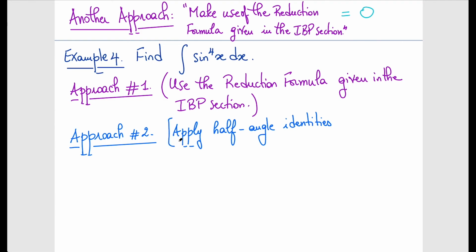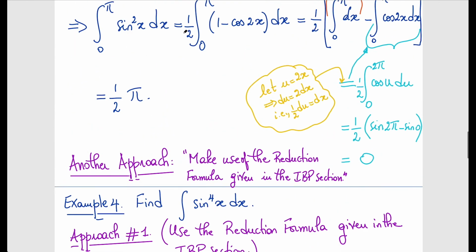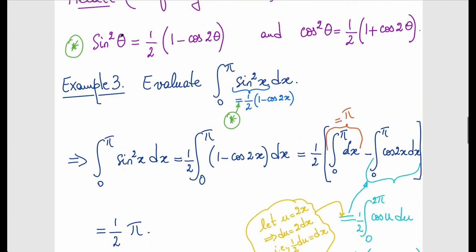That were mentioned above, right? Okay. So I'm gonna rewrite sine to power 4x. I'm gonna use asterisk. Sine to power 4x is the square of sine to power 2x, right?